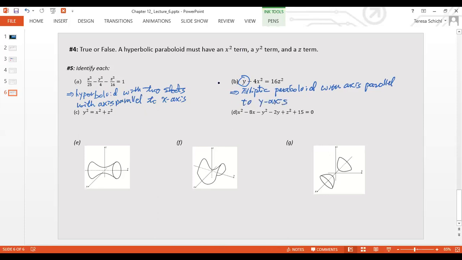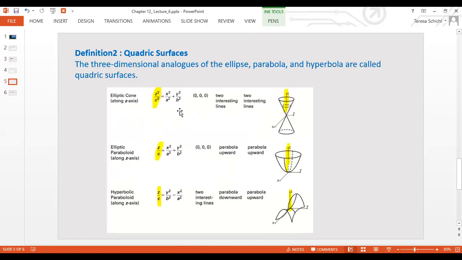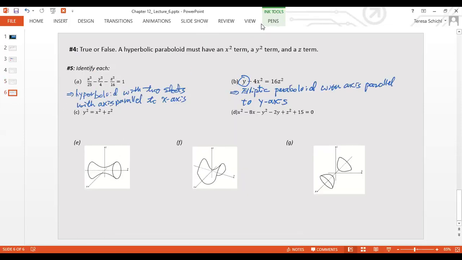So it's pretty straightforward. Okay, now part C here is square, square, square, right? So you take a look at square, square, square. And which one is square, square, square? Oh, here, so it is an elliptic cone, right?